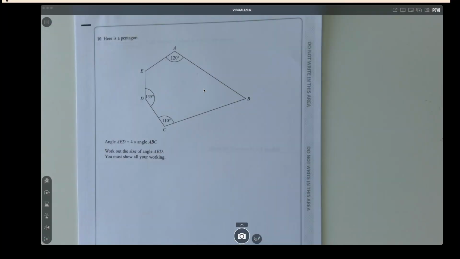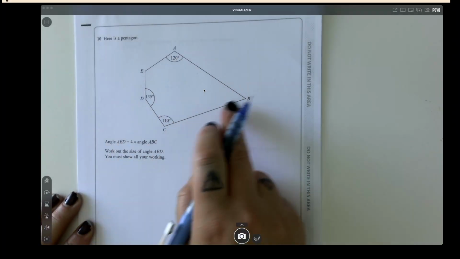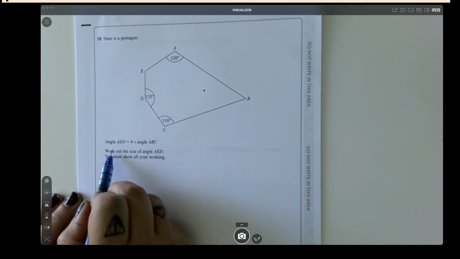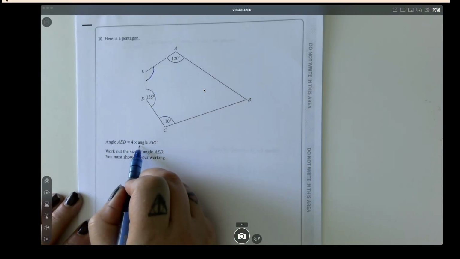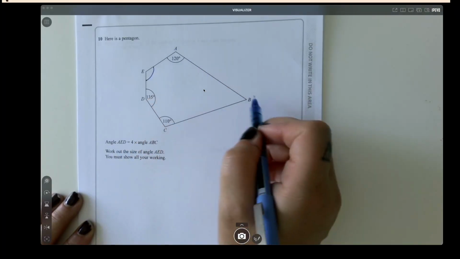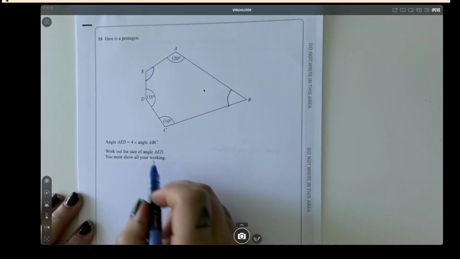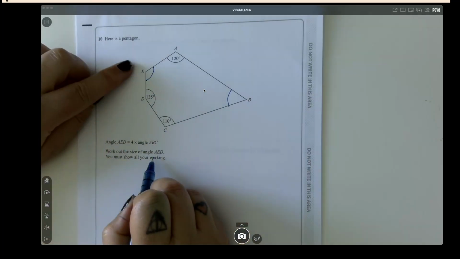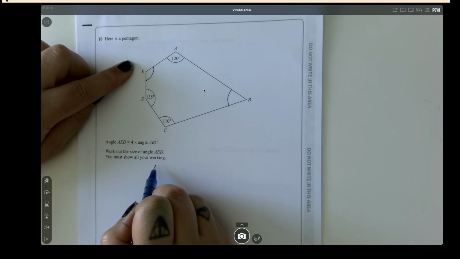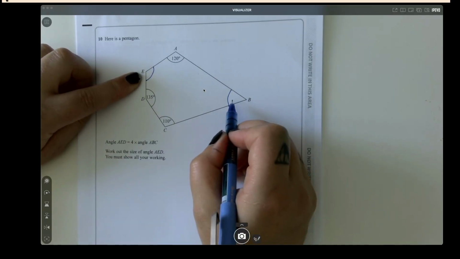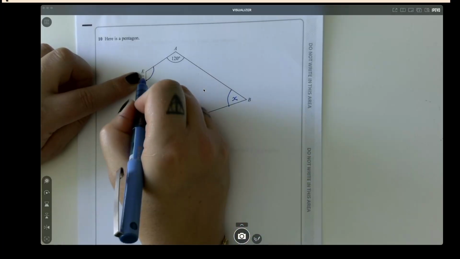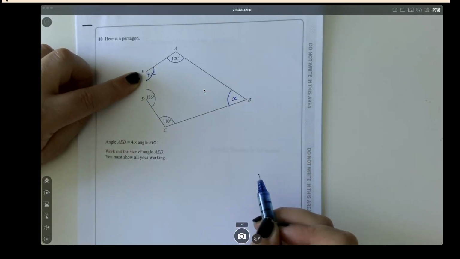Question 10. Here is a pentagon, so five-sided shape. Angle AED, so this angle here, is 4 times angle ABC, this angle here. Work out the size of angle AED, you must show all of your working. So we've been told that AED is 4 times this angle, so if we call this angle x, AED must be 4x.